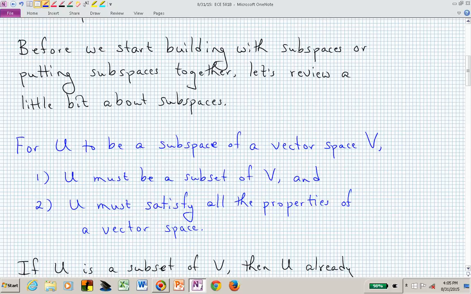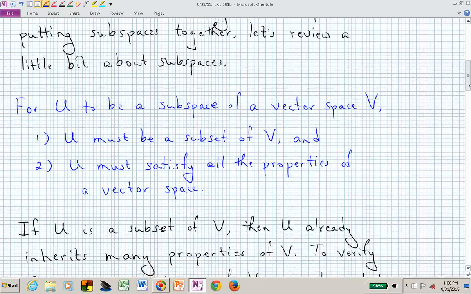We could have a subset that's not a subspace. Is that clear? And U, the script or capital U, this is our subspace, needs to satisfy all the properties of a vector space.